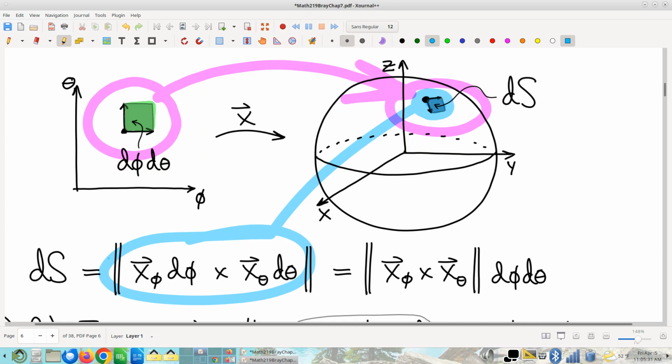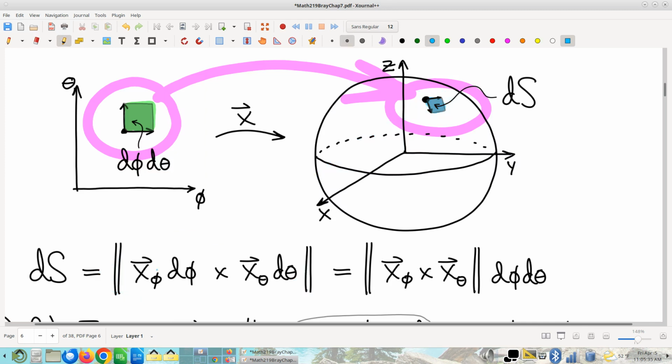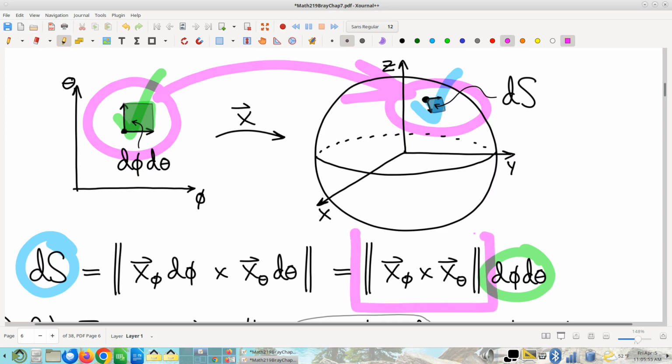You write that down, and having done that, we separate out the d phi and the d theta, and the result is that the green area that I started with relates to the blue area that I'm interested in by multiplying by this factor right there.